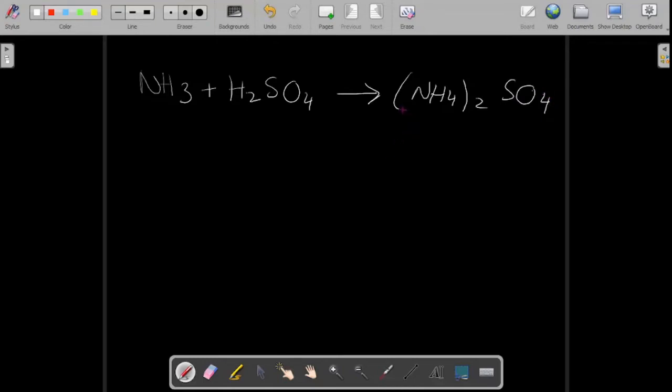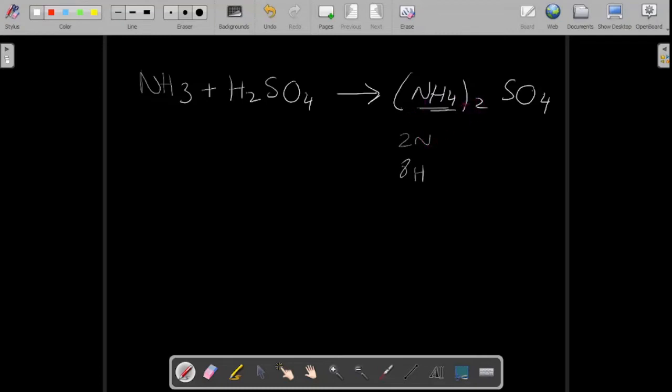When you have parentheses with something inside, it means that you have 2 of the whole molecule. So for example, here you would have 2 nitrogens and you would have 8 hydrogens, because it's 2 times 4, that's where the 8 would come from. And the 2 times 1, if there's nothing there, it means it's implied a 1, is the 2 nitrogens.